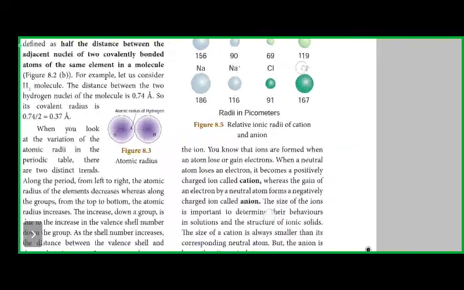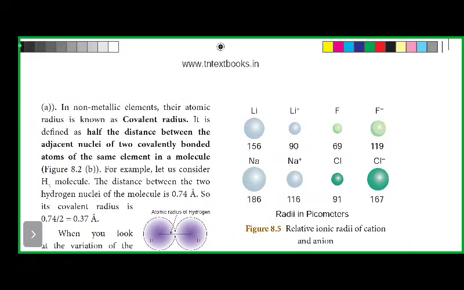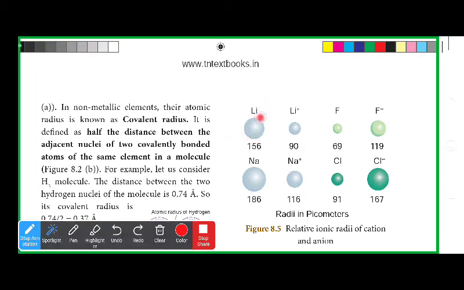For example, see here, this is a lithium atom. Its radius is given in picometers. A picometer is 10 to the power of minus 12 meter. Here lithium is 156 picometers, but when lithium has given one electron, its size has become 90 picometers.